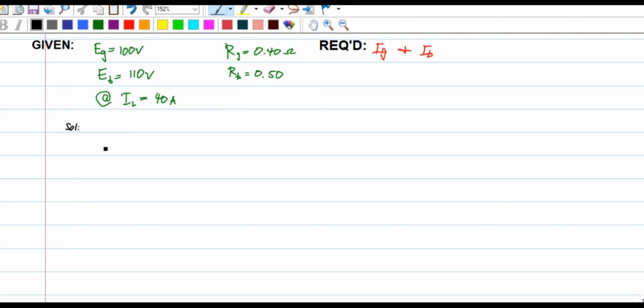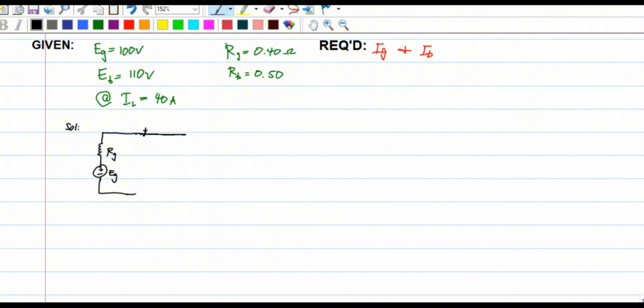In the problem, the total resistance of the generator or the dynamo is already given. Therefore, we write this one. This is the EG, and this is the resistance of the generator or dynamo, and this is the output at the common terminal.